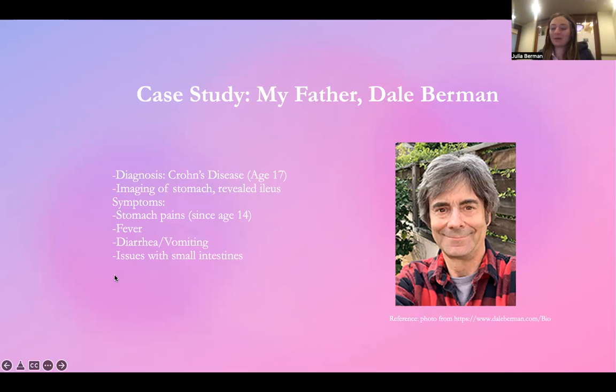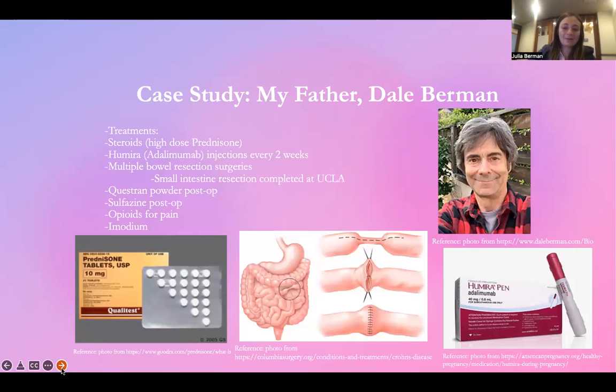In December of 1975, my dad's intestines closed up completely, and he had to get urgent treatment at that point. He had a lot of pain. He came into the hospital at UCLA for a small intestine resection surgery, which you can see illustrated in this image below.